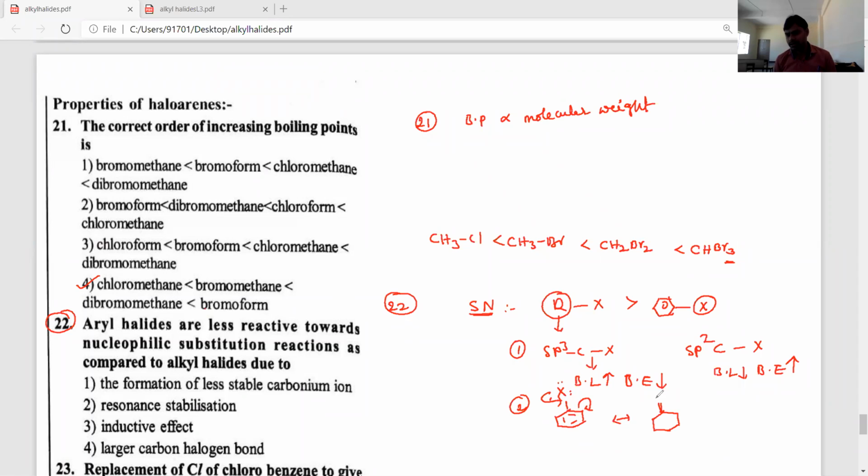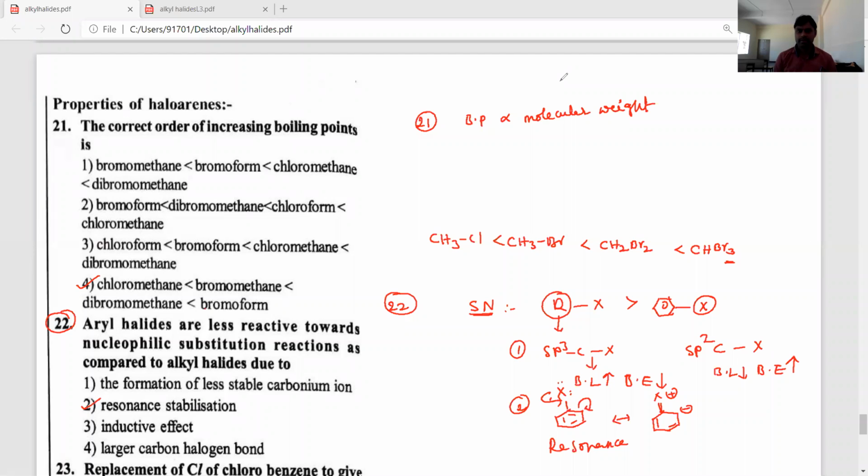The halogen carries a positive charge and at the ortho position a negative charge forms. So that is called resonance. Due to the resonance, the carbon and halogen bond is shorter in aryl halides, that's why aryl halides are less reactive in nucleophilic substitution reactions. So that is resonance stabilization. Only one reason was given, so the second option is correct.